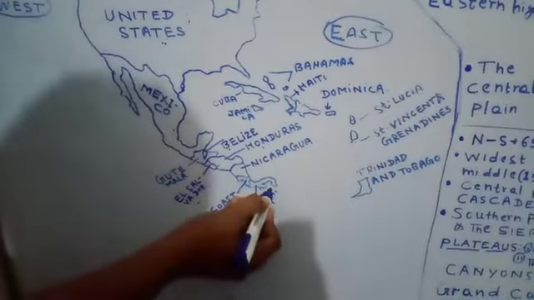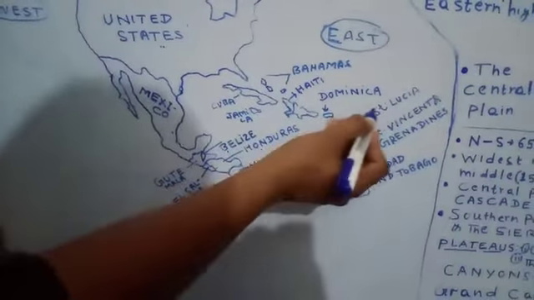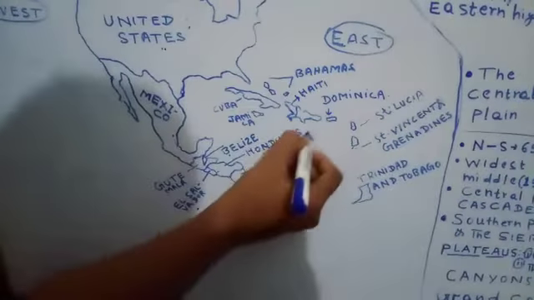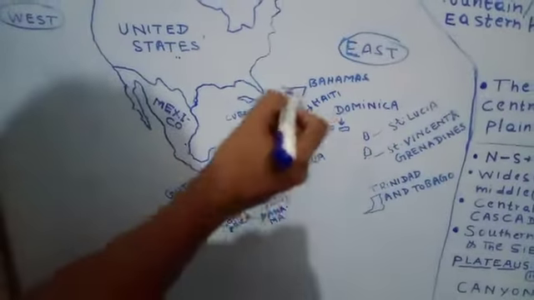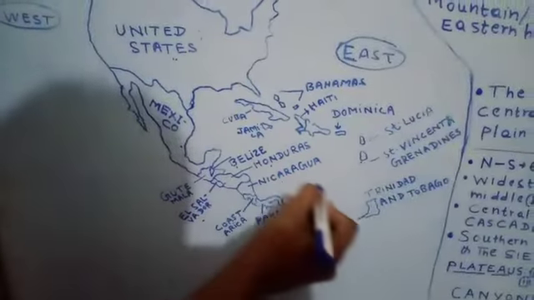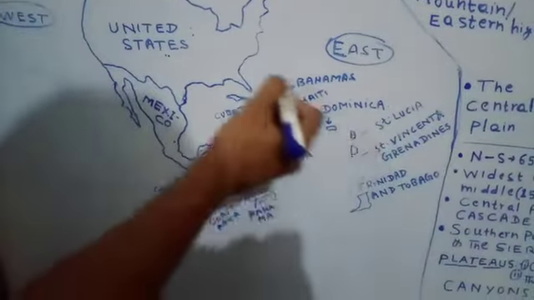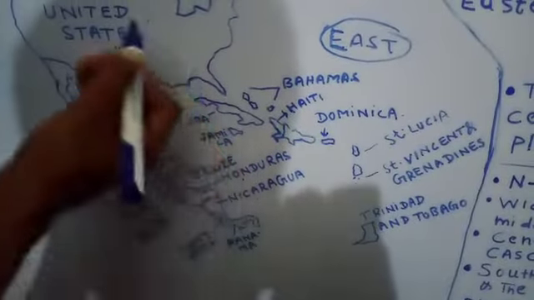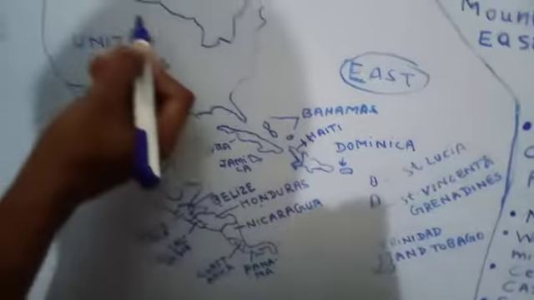Besides these small countries, there are some countries which are situated in the Caribbean Sea. This is a part of the Caribbean Sea. In the Caribbean Sea you can clearly see a group of islands. These groups of islands, sometimes also referred to as the West Indies, are also a part of North America.